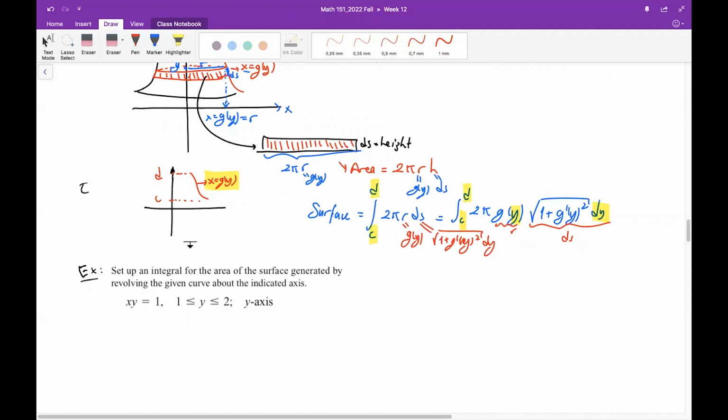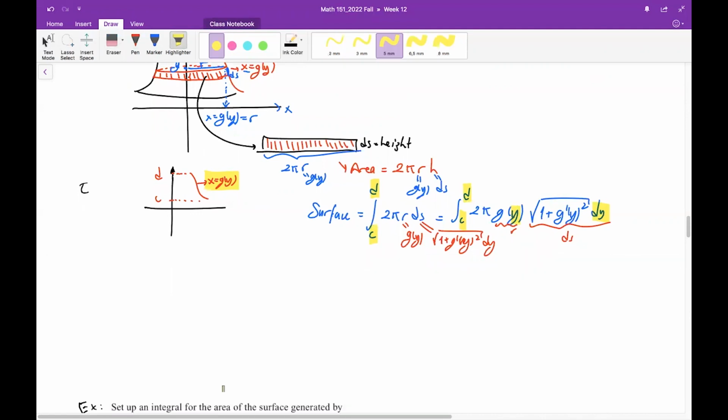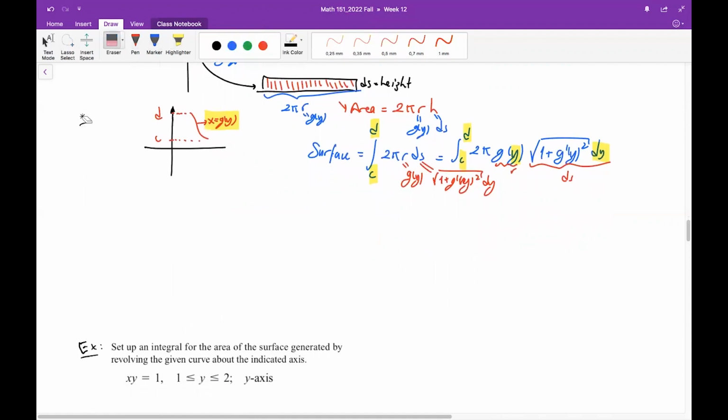Okay, so let's solve our first example, which is an example where we compute the integral with respect to x.